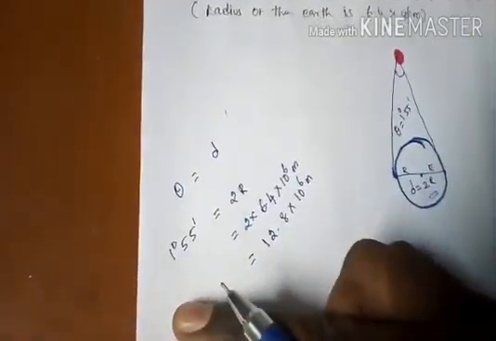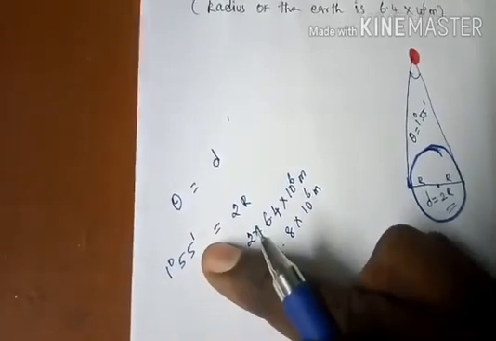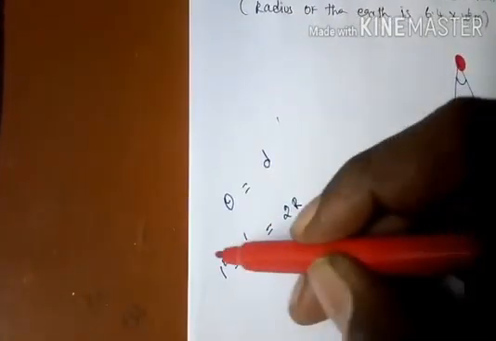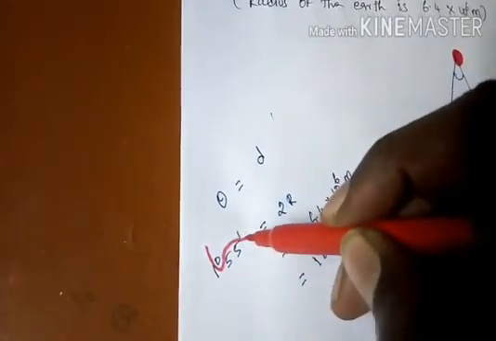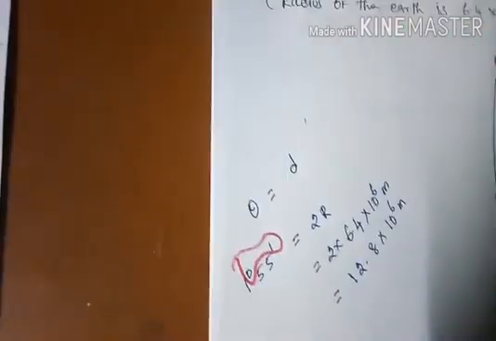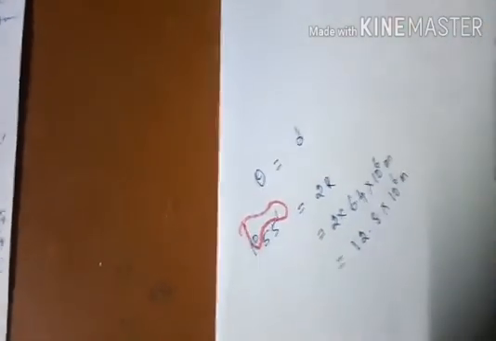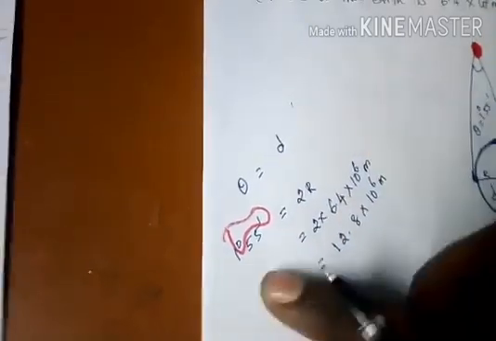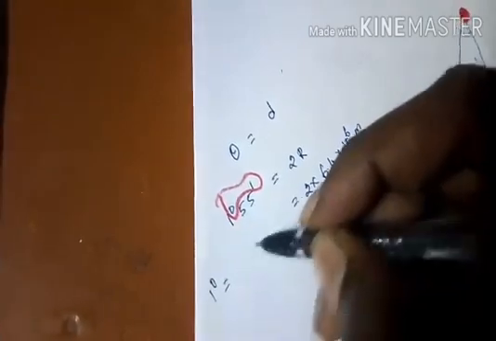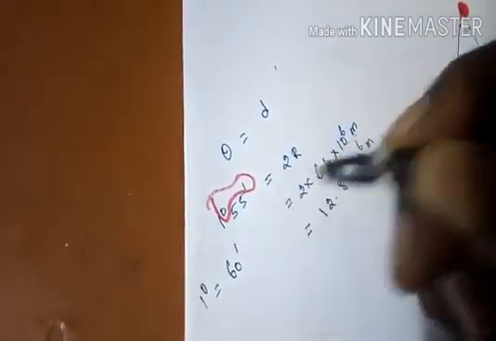Next, the angle 1 degree 55 minutes cannot be calculated directly because the units are different. Here degree, here minutes. So first you should convert to the same unit. 1 degree equal to how many minutes? 60 minutes.